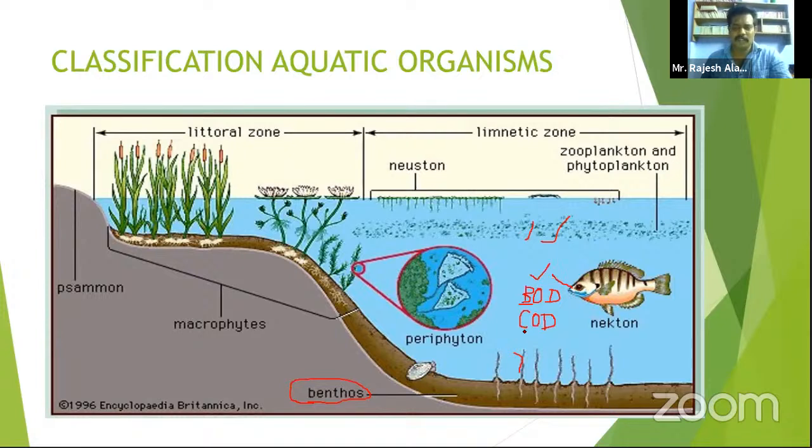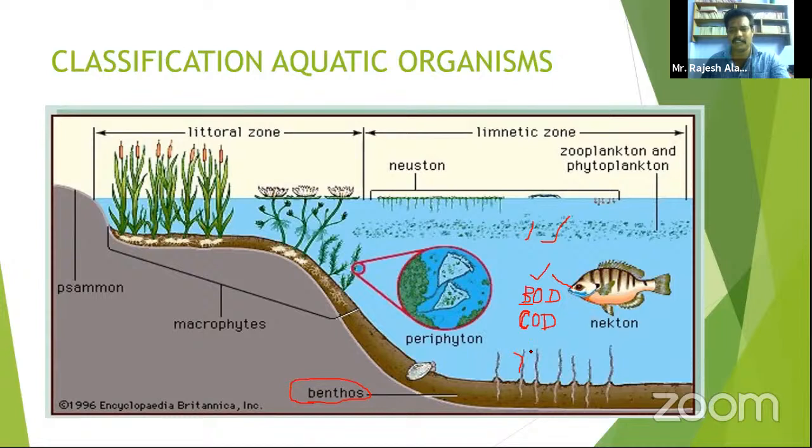Whereas chemical oxygen demand, I'm not concerned about the biological activity. If I'm having a glass of water, if I'm taking a sample from an aquatic ecosystem, and if I'm evaluating the amount of chemicals, the different types of chemicals present in the aquatic ecosystem, what are the types of chemicals and what is the volume of chemicals present in one particular aquatic region?